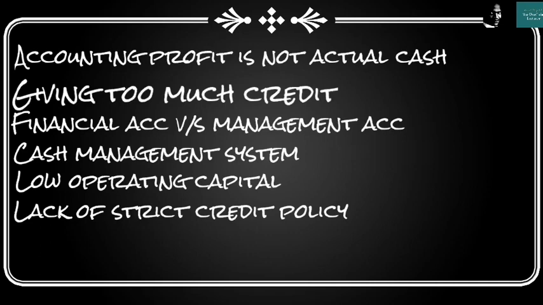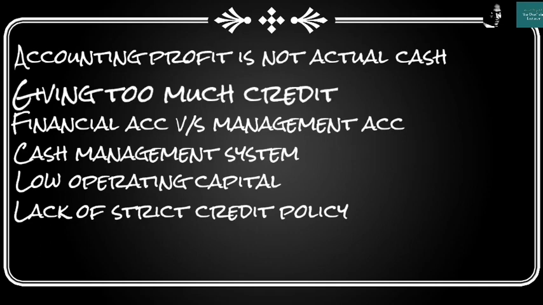And the last one that we have for all the managers, for all the students, this is for everyone. Accounting profit is not really cash. This can be a mix of cash sales, a mix of credit sales. So it's not really cash, it's a combination of the two. So you must make sure that you manage it very well so that you limit the risk of losing money as a business.